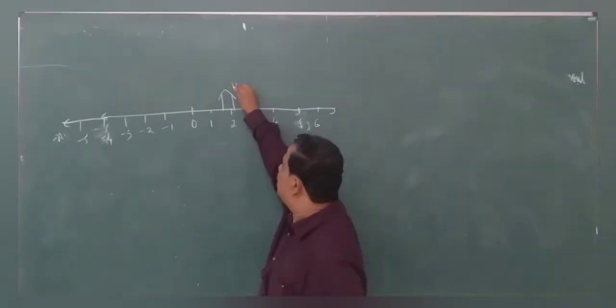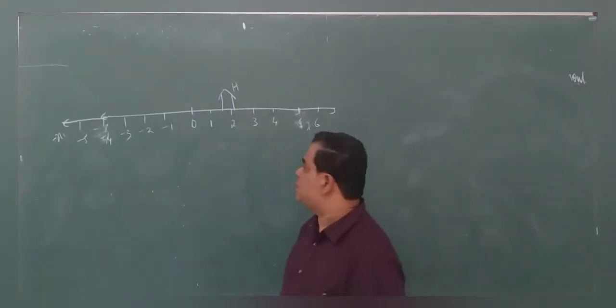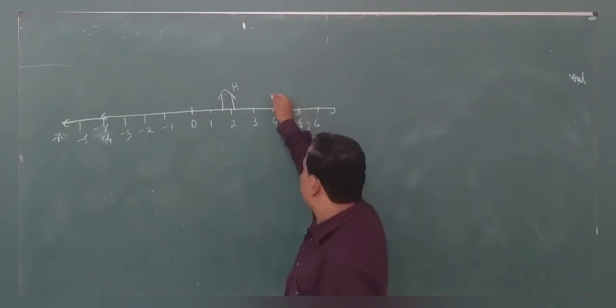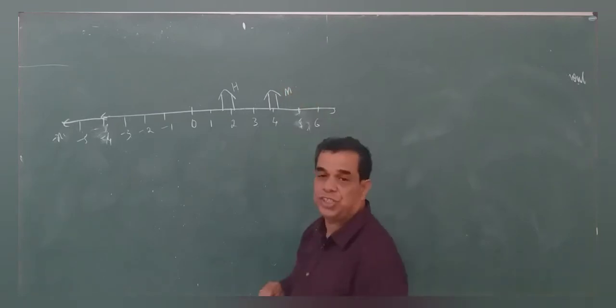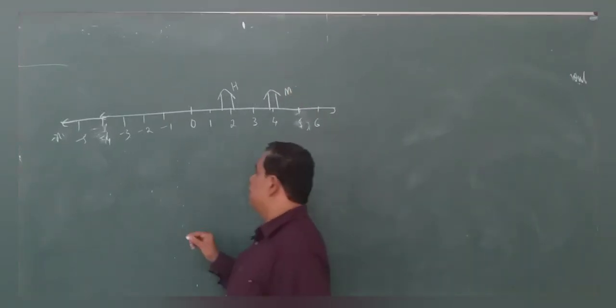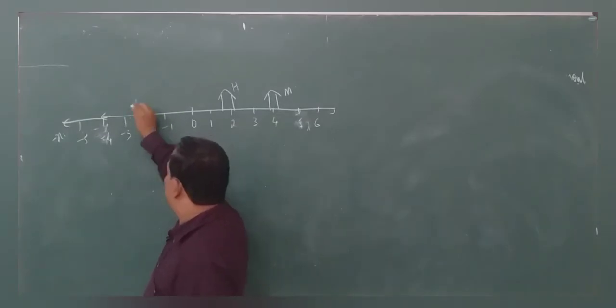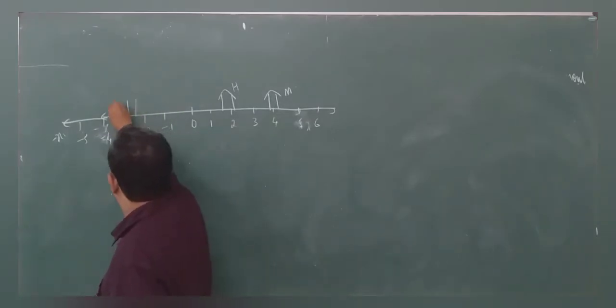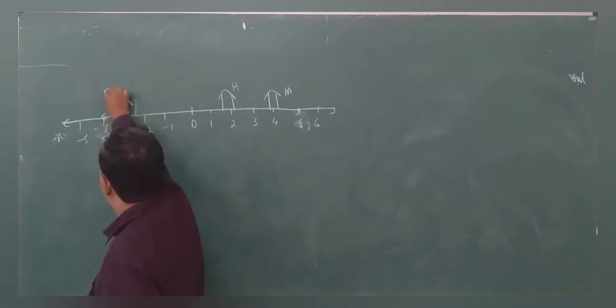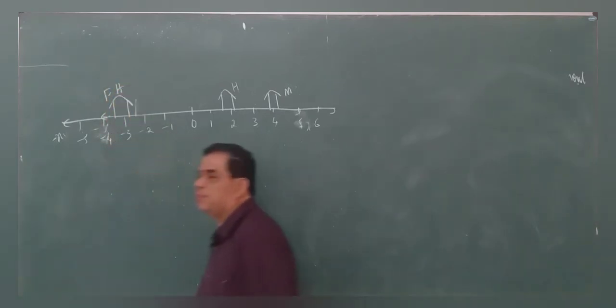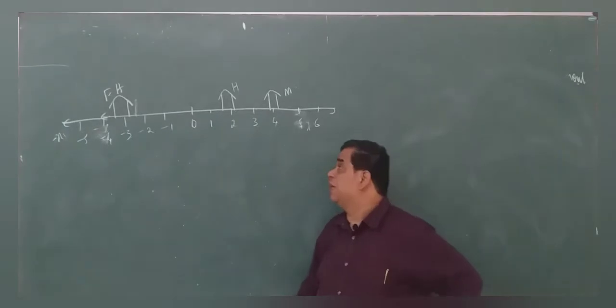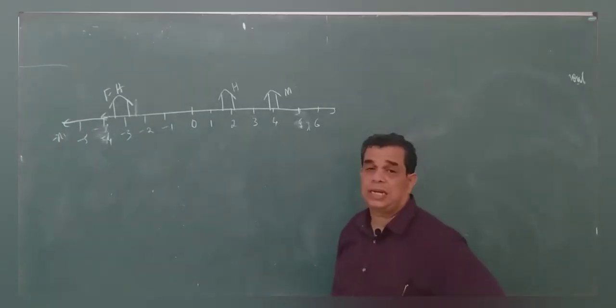I write it as H. Next, your college, Maharshi College, is somewhere here at 4. I write M, Maharshi College. And then your friend's house is at -3. This is your friend's house. I write FH.